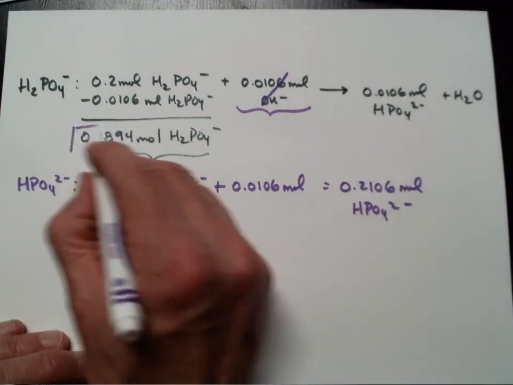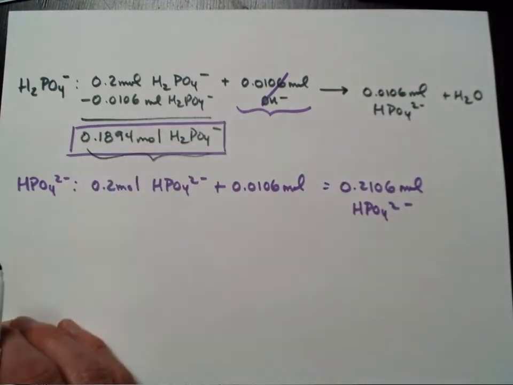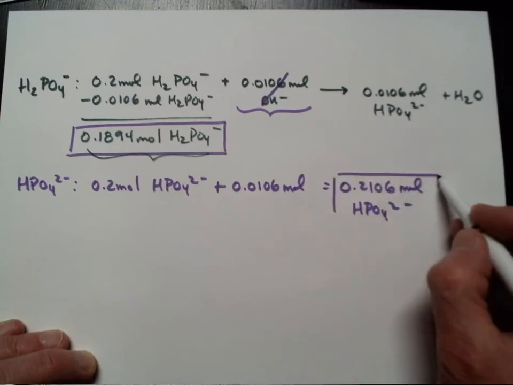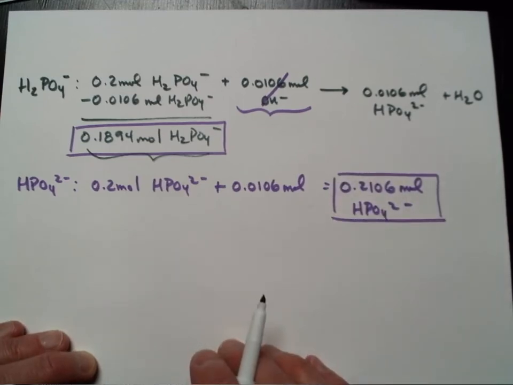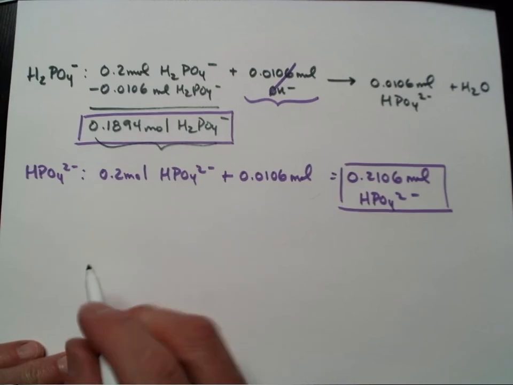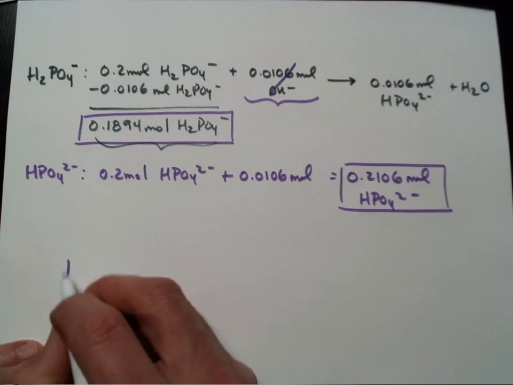So I got my amount of dihydrogen phosphate, my conjugate acid. I now have my amount of hydrogen phosphate, my conjugate base, and now I can finally use my buffer equation.